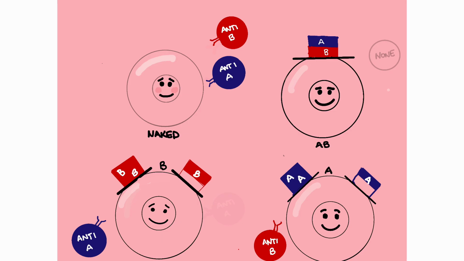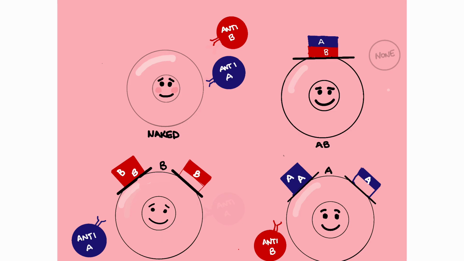Now, here's something that is not intuitive, at least to me. Your body has pre-existing antibodies to the antigen or type that you do not possess. So, for instance, our naked type O has no antigen on its surface, so it has antibodies to type A and type B. Someone with type AB has both antigens, so it makes no type-specific antibodies at all.